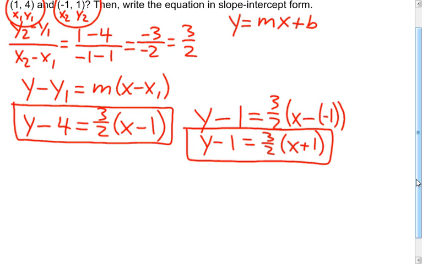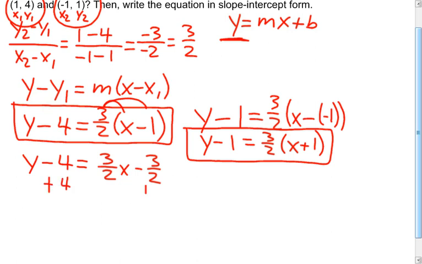So I'm going to start with this one on the left here. 3/2 times x is 3/2 x. 3/2 times negative 1 is negative 3/2. The other side stays the same. Remember, we said earlier, slope-intercept form is when the y is by itself. So now I have to get this y by itself. y is being subtracted by 4, so I need to add 4 to both sides.